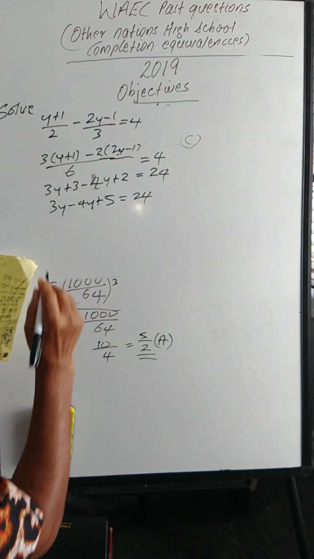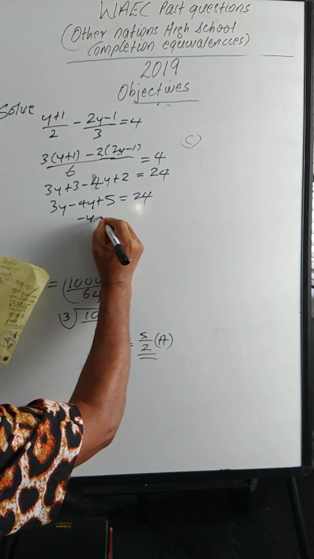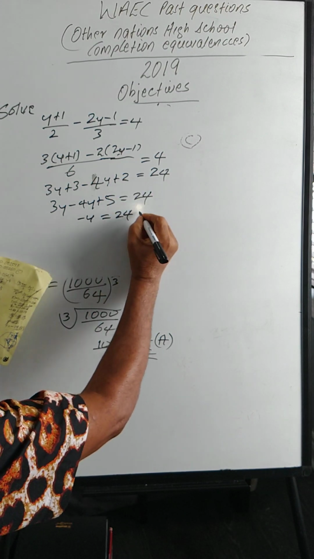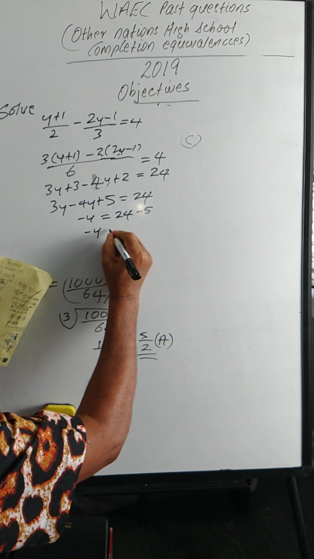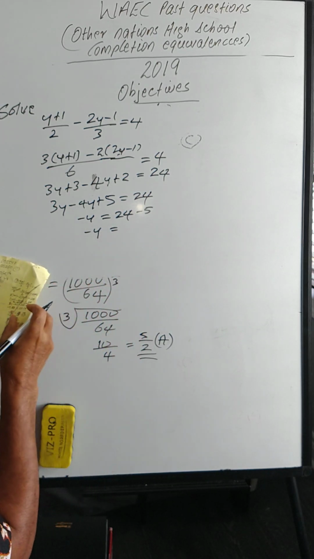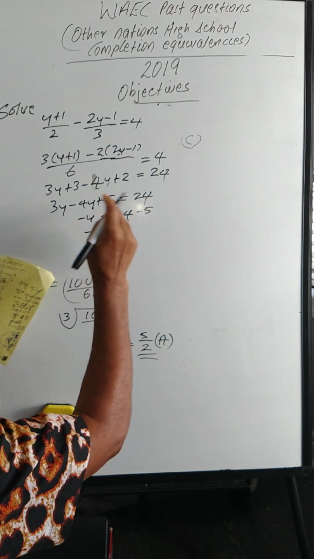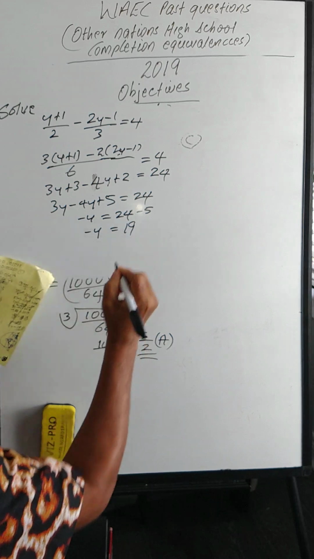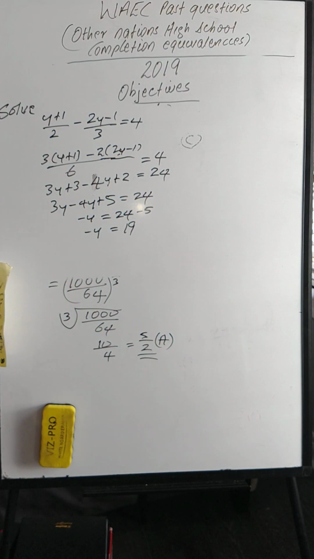We now have 3y minus 4y. This will give us minus y equals to 24. The positive 5 crossing becomes negative 5. And so minus y will now give us 19. But the variable cannot be negative.